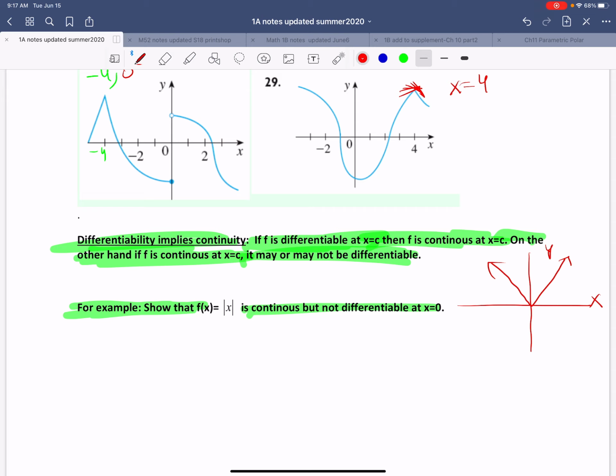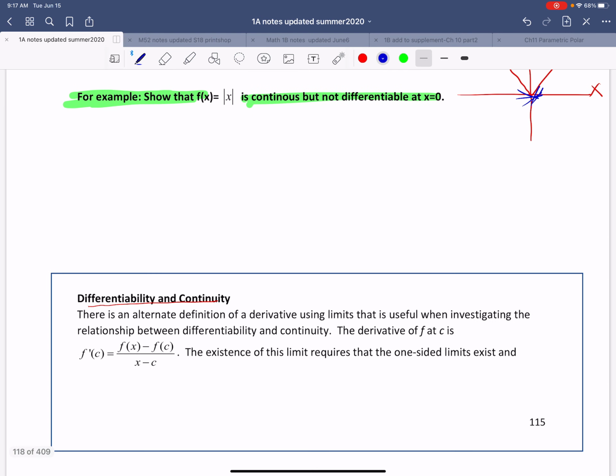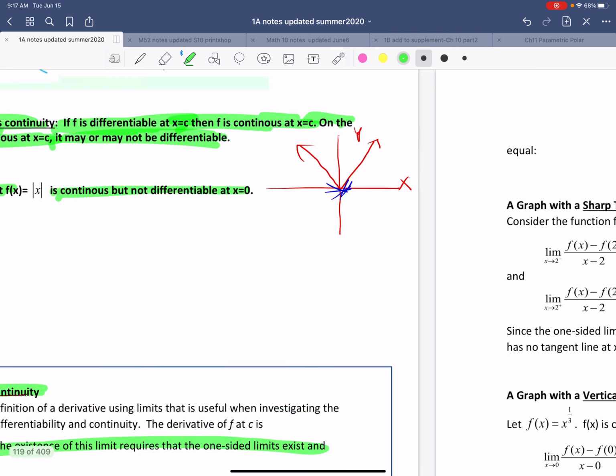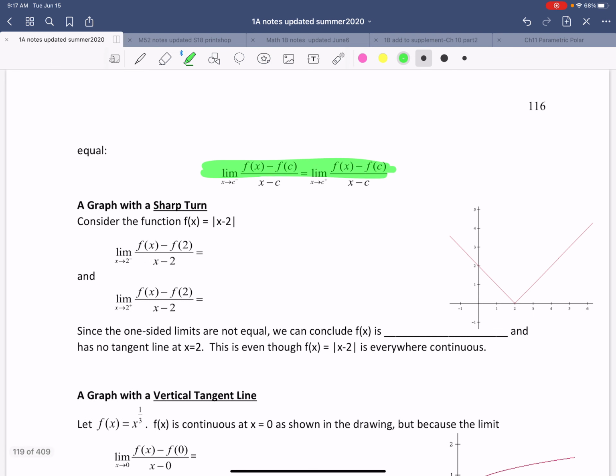It's continuous, but why is it not differentiable at x equals 0? Because there is not just one possible tangent. And we talked about the limit definition of the derivative. In order for the limit definition to work, both one-sided limits should exist, and they have to be equal. Coming to c from the left-hand side and coming to c from the right-hand side, both of these limits should exist, and they have to be equal.